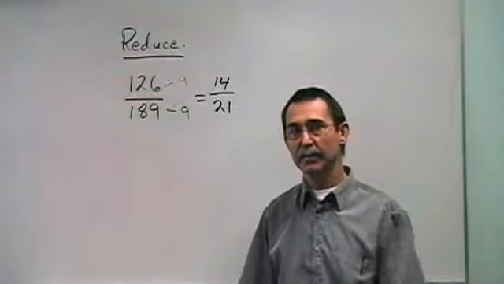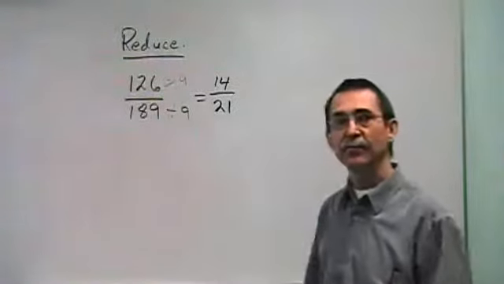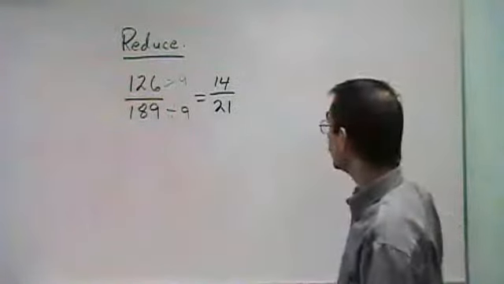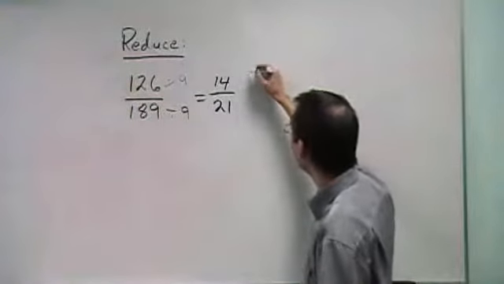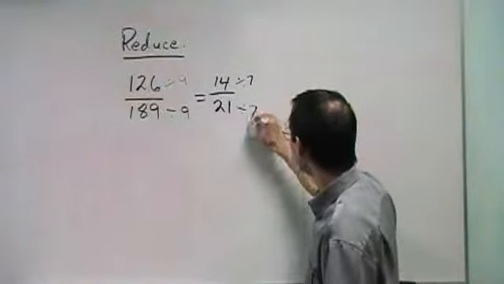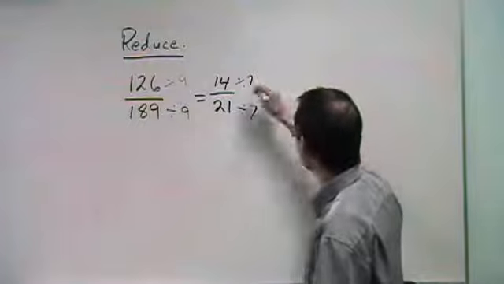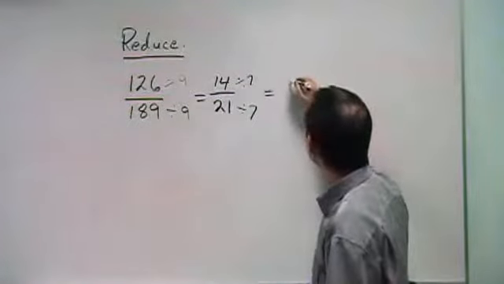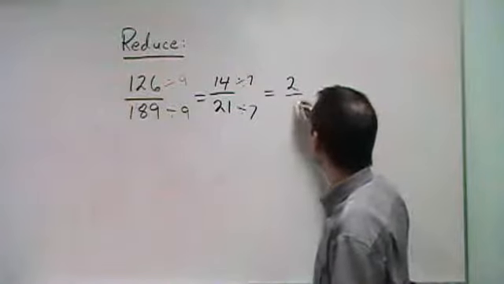Okay, so as I said, it is expected that you know some of the basics of multiplication and so on. So you would know some of your 7s times table, I would hope. And you divide these by 7. 14 divided by 7 is 2. 21 divided by 7 is 3.